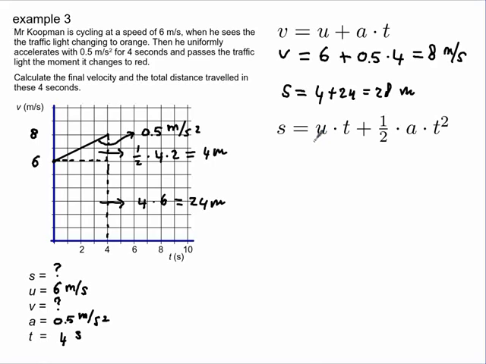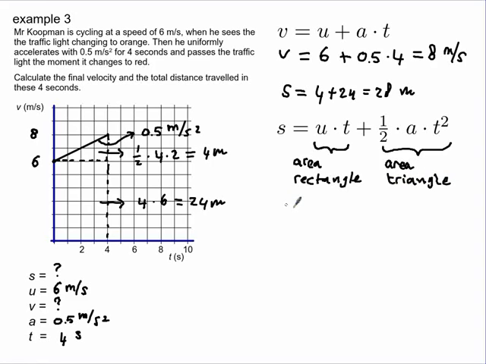The first part represents the distance traveled at the constant initial speed, which corresponds to the area of the rectangle. And the second part corresponds to the additional distance traveled because of the accelerated motion, and this corresponds to the area of the triangle.